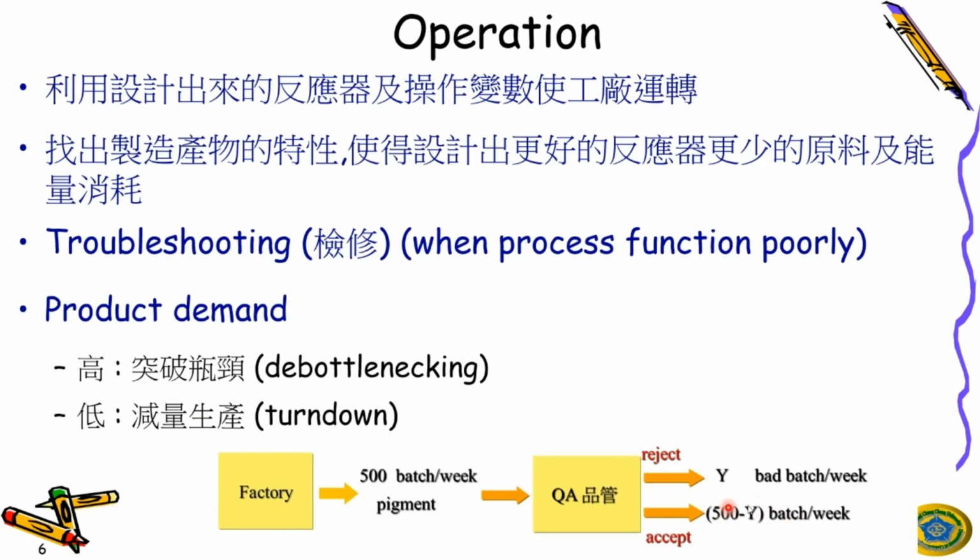If the yield is not good, if the bad batch per week, you need to stop the factory. You need to do the maintenance, or you need to make it better.